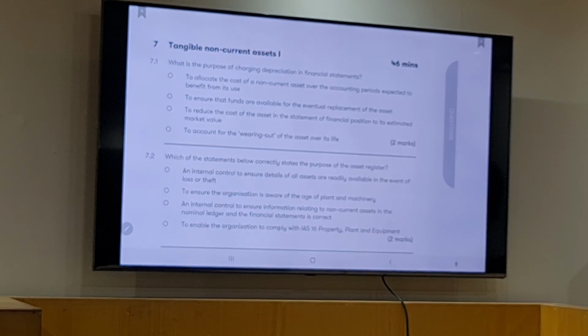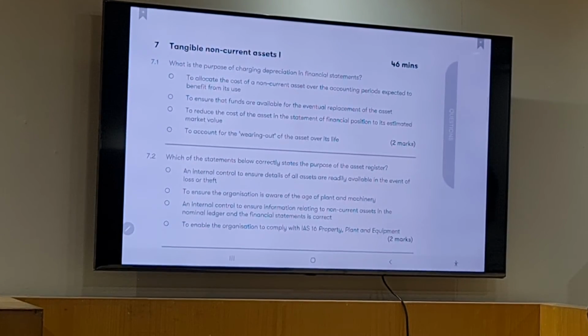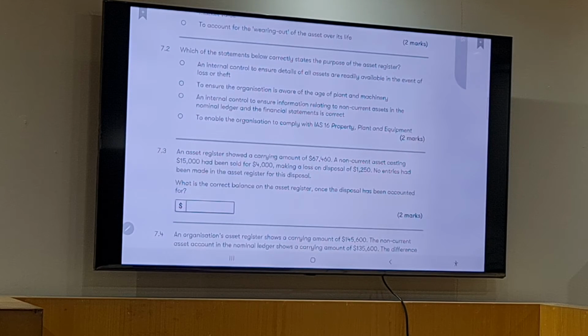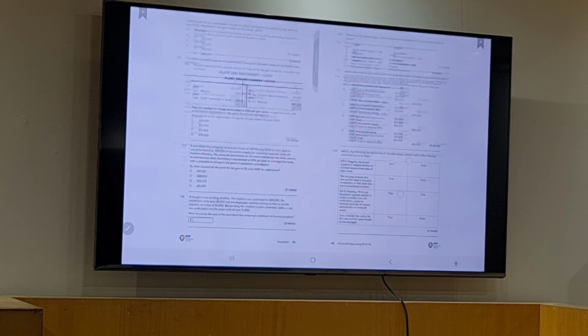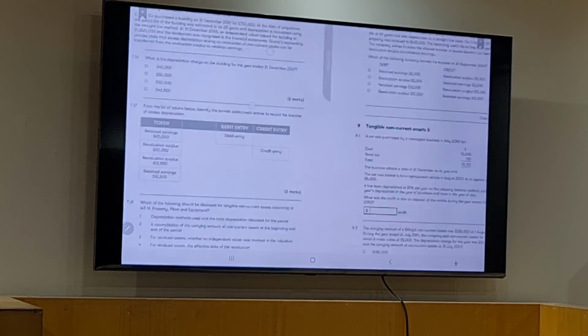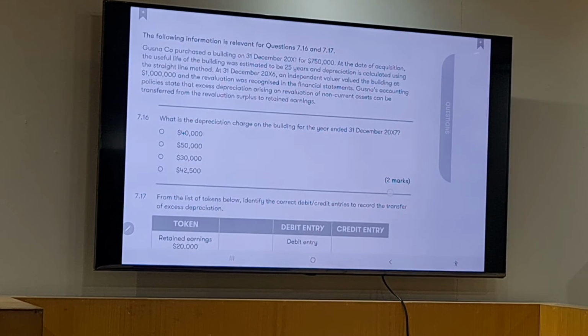This section? Yes. 7.1? Yes. We did? Yes. 2, 4, 5 until 15. So we need to work out this. Correct? Or we will follow the question?